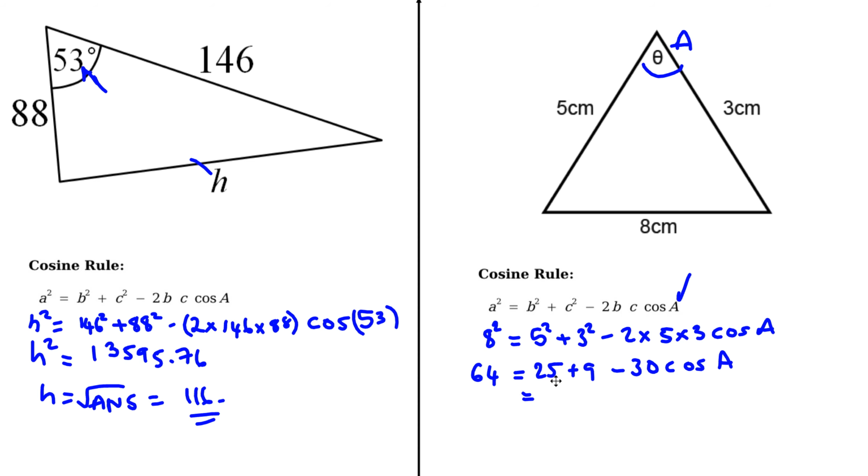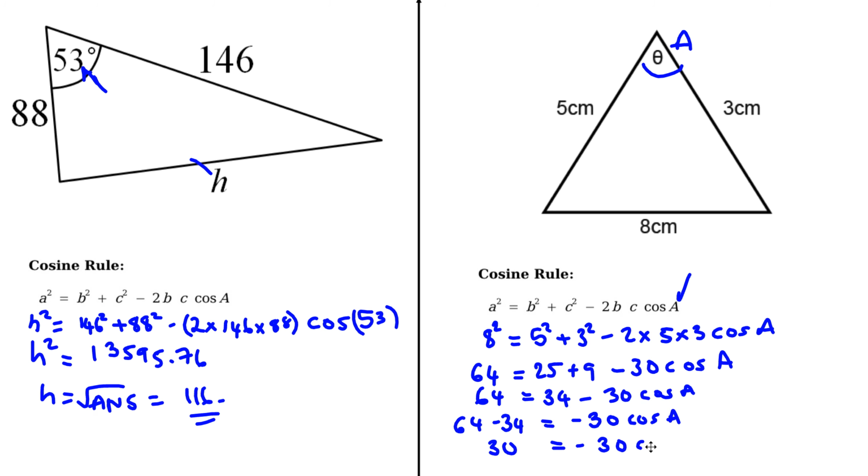Okay, so 25 plus 9 is 34 minus 30 cos of a, and this is 64, and then we have 64 minus 34, which is 30, equals minus 30 cos of a.